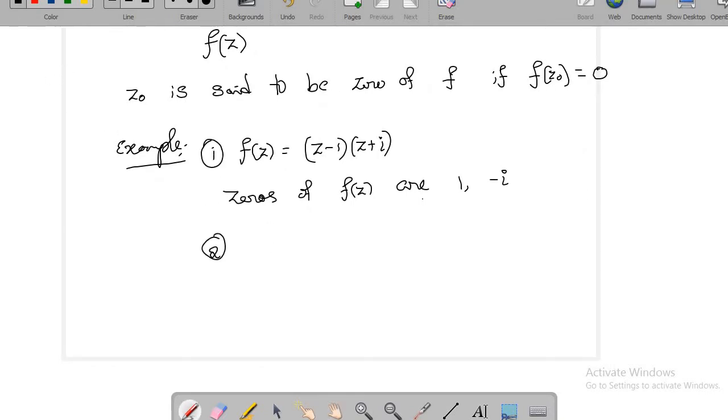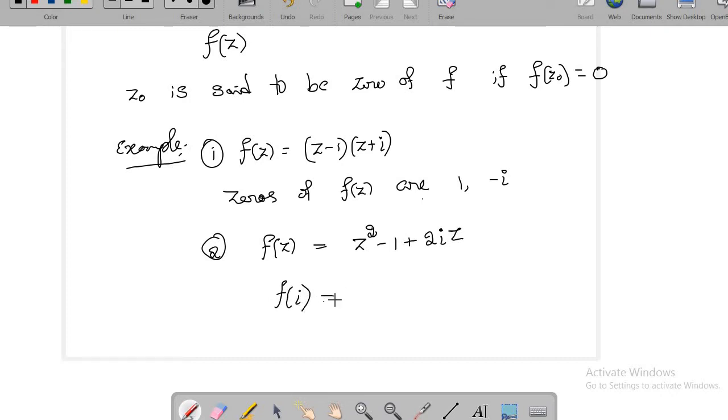For the second example, let me take f of z equal to z square minus 1 plus 2iz. Can you tell me what the zeros of this function are?